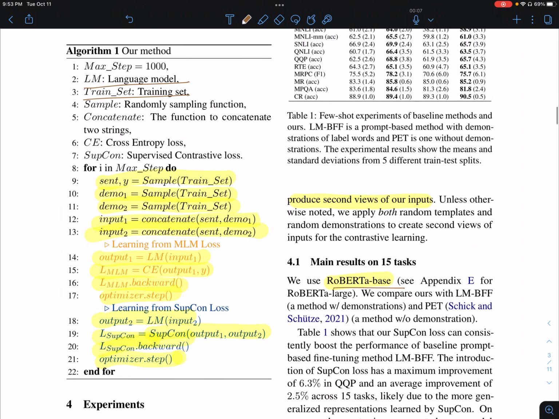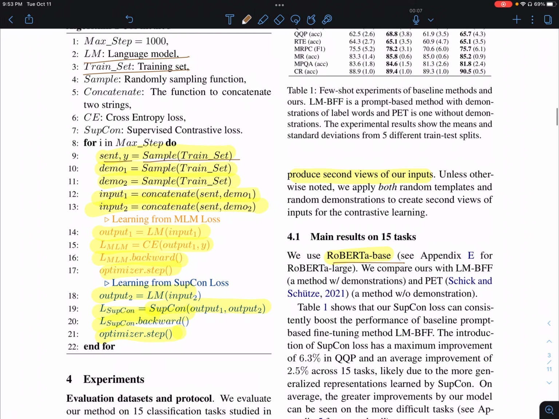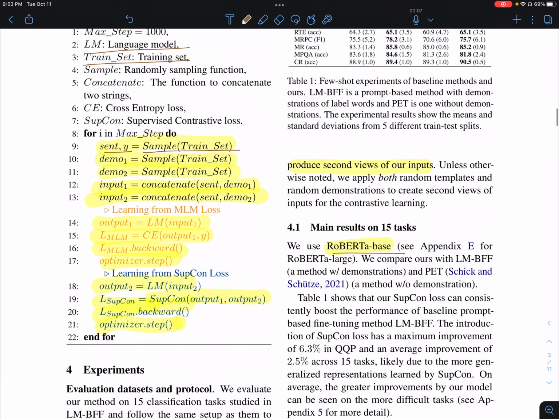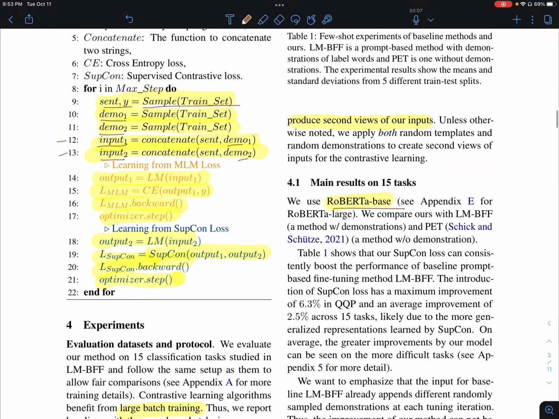Here, they sample from the training set a sentence and a class, right? Because this is a supervised training set. Then they sample two demonstrations, and they get two different views of the sentence called input one and input two, depending on which demonstration is concatenated.